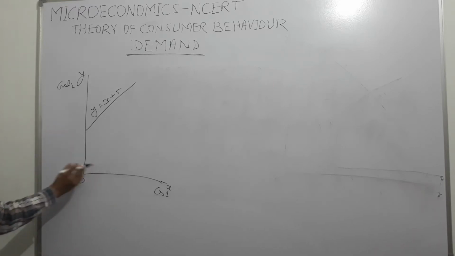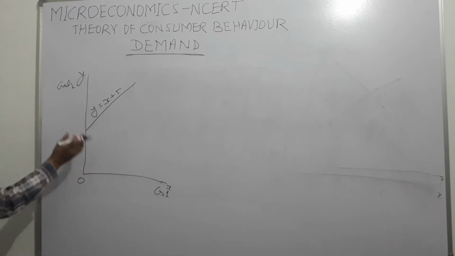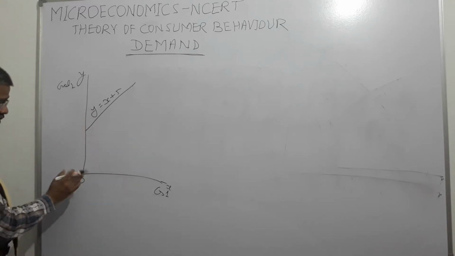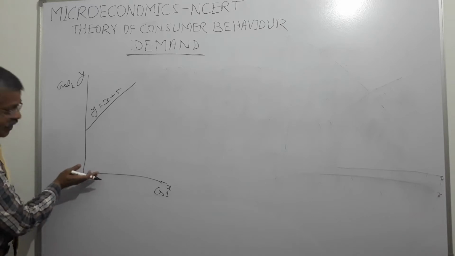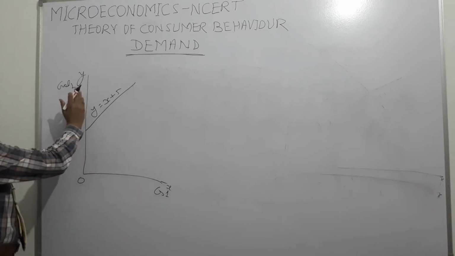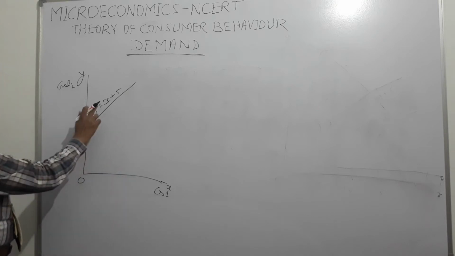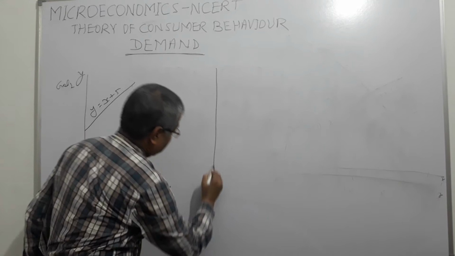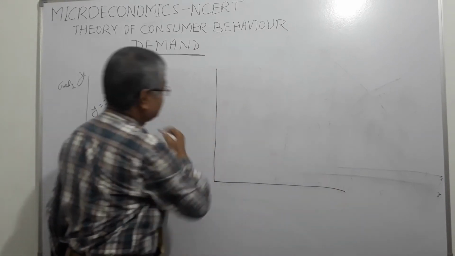The value of Y moves in tandem with X plus 5. As the value of X goes this way, the value of Y goes up, and it is X plus 5 at any point of time. That one is ascending.